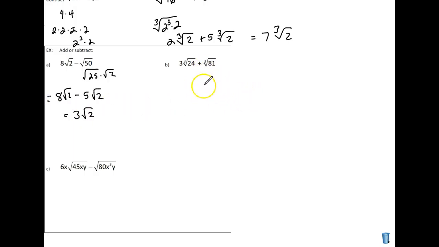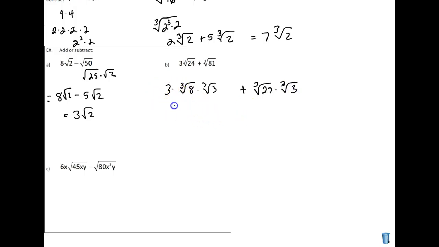Cube root of 24. So perfect cube factors, again, I'm going to go with 8 on that. So this becomes the cube root of 8 times the cube root of 3. And then I'm multiplying that times 3. And then for 81, I'm going to say, well, that's the cube root of 27 times the cube root of 3.